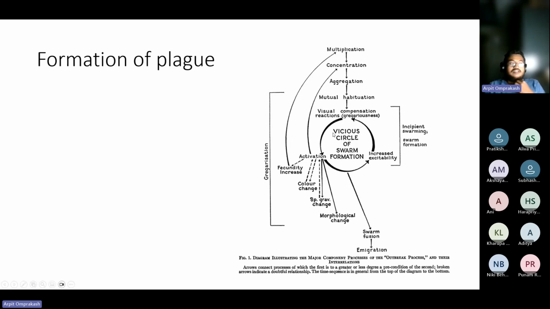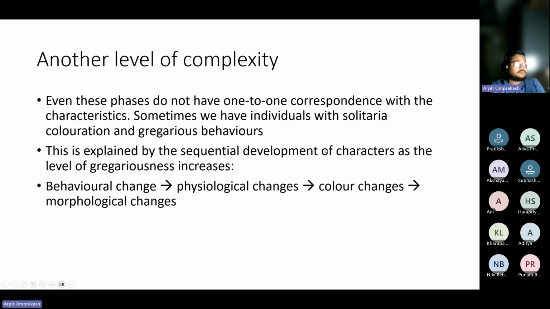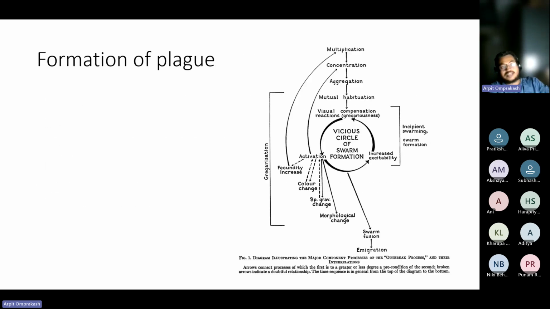Because of that, it leads to some behavioral and physiological activation, which increases their propensity to be excitable. It also increases the fecundity, because there are more individuals coming together to lay eggs and more eggs being laid. That leads to multiplication. It's a positive feedback loop which keeps on going.